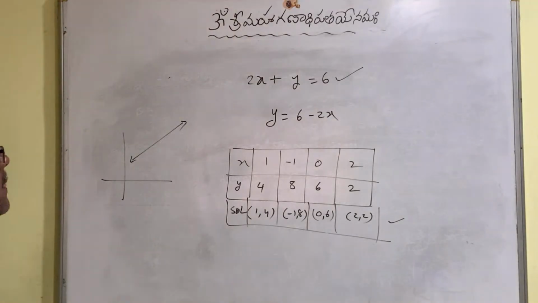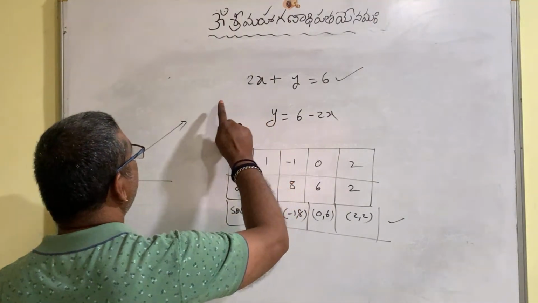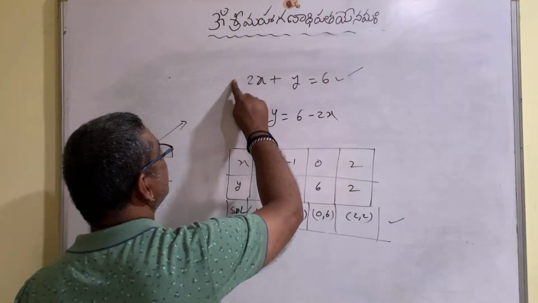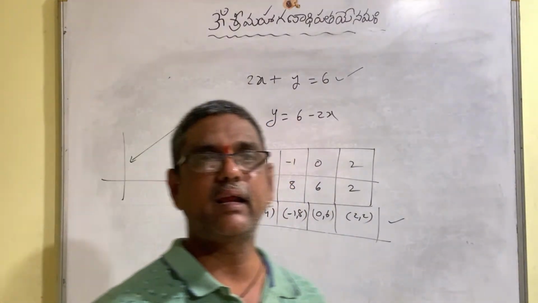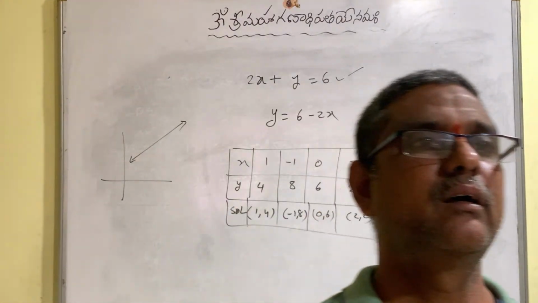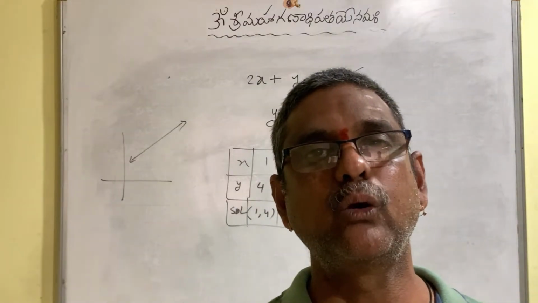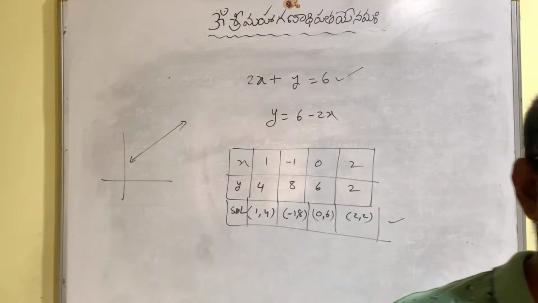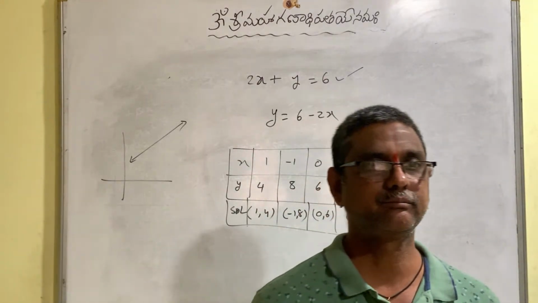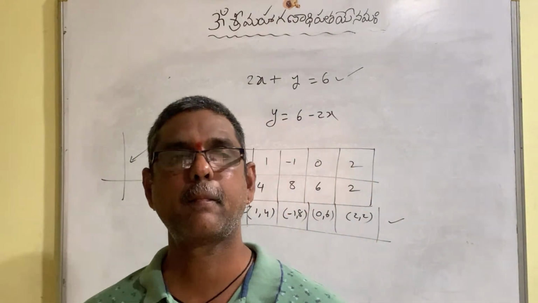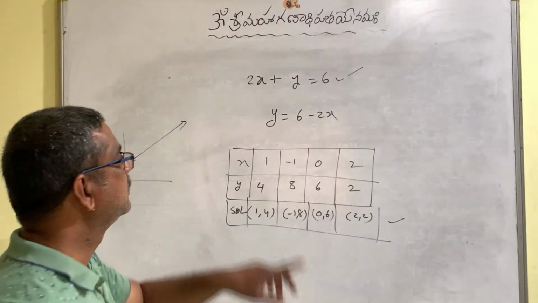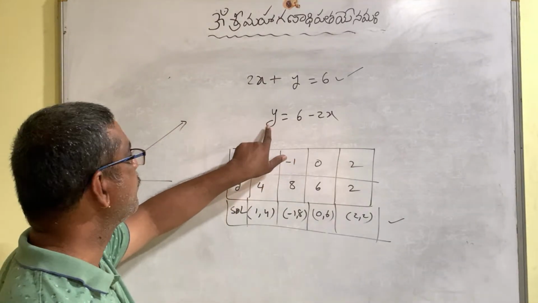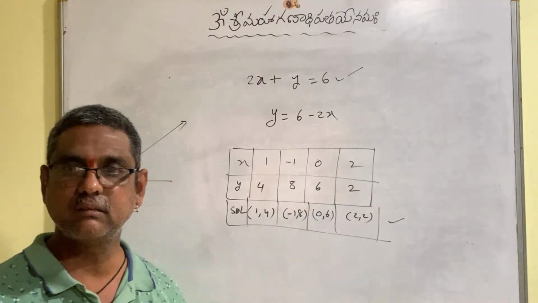So, the geometrical representation of a linear equation in two variables is a straight line. Children, always try to express y in terms of x.